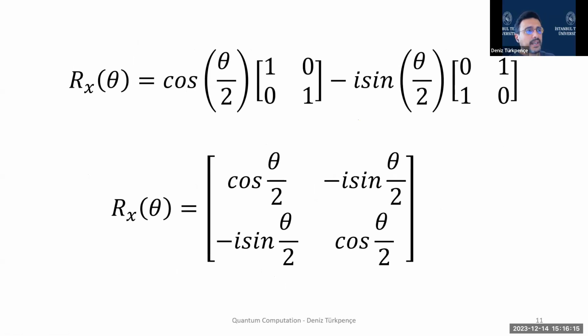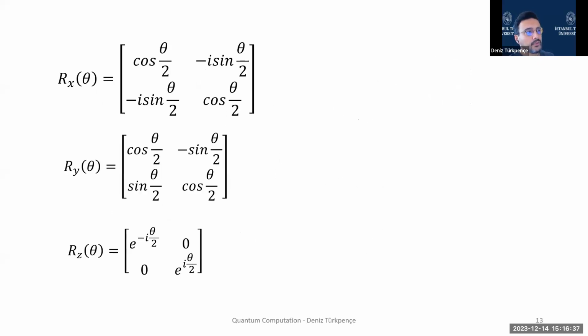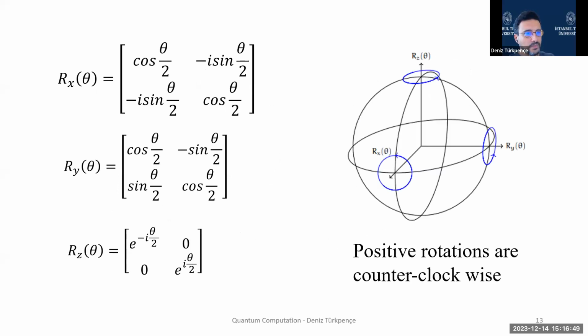So I can repeat all these results for other rotation operators, and we can generalize this for all rotation operators. And here are my rotation operators in terms of matrices. And you can also find the matrix representations of these rotation operators. So these are just single qubit rotations in a single Bloch sphere representation.